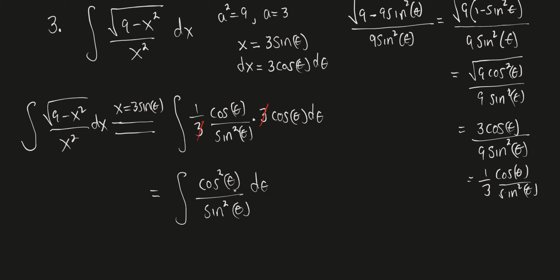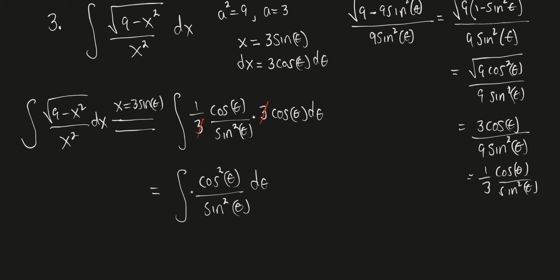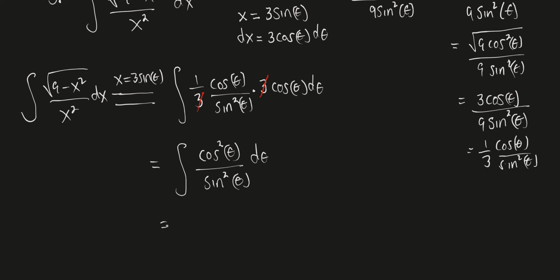How do I do this? Well, cosine divided by sine is cotangent, so this simplifies even further to cotangent squared theta. Well, how does this help? There is a third version of the Pythagorean identity, so let me write all three. If you have sine squared theta plus cosine squared theta, that is 1.